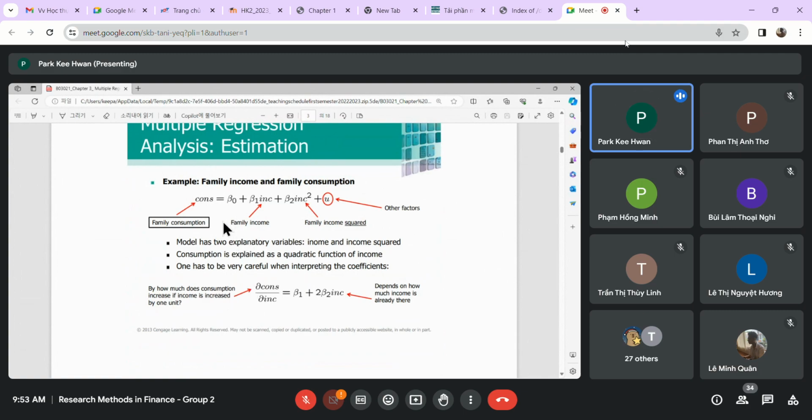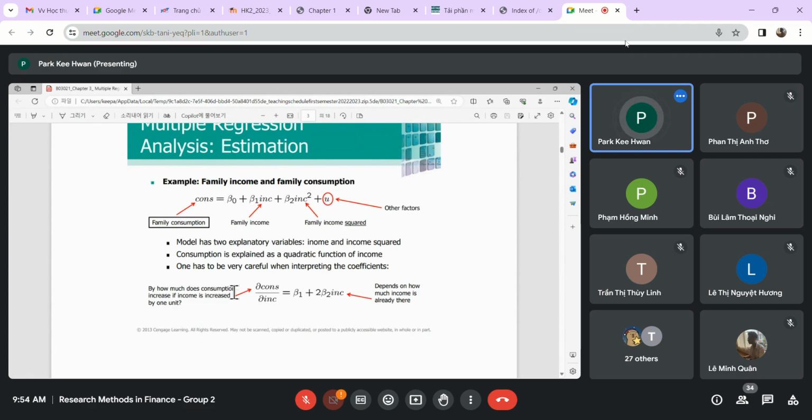Suppose that you take the partial derivative of consumption with respect to income. Then that will be beta 1 for the first term, and the derivative of the second term will be 2 beta 2 income, okay?